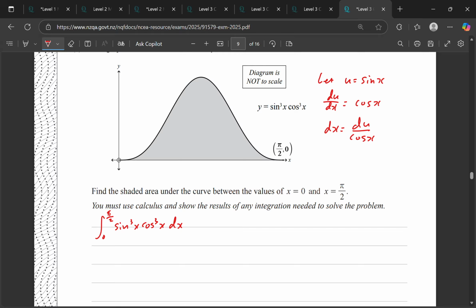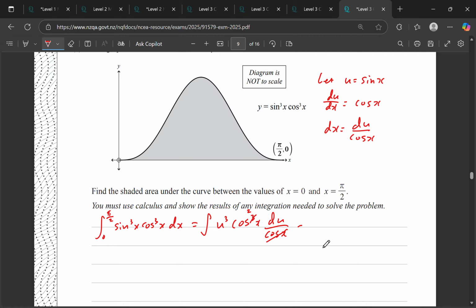So if I rewrite this, it becomes u cubed, and I'm going to write cosine cubed x, and instead of dx we say du over cosine x. As I said, this cancels out and that becomes cosine squared x.